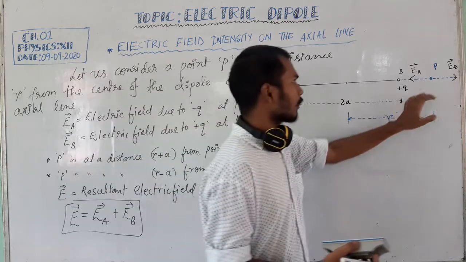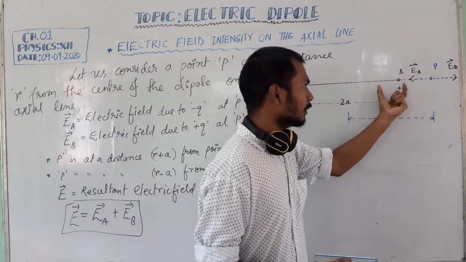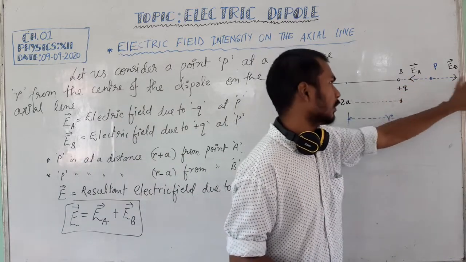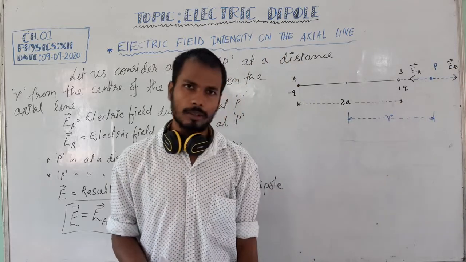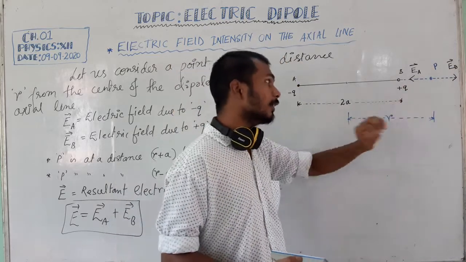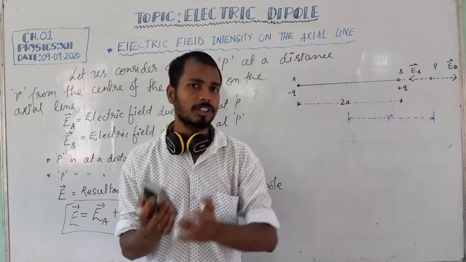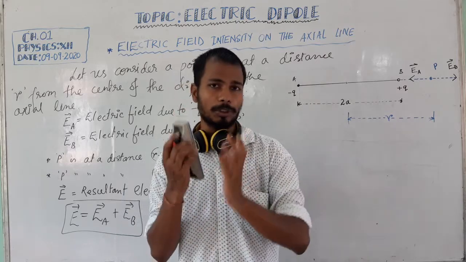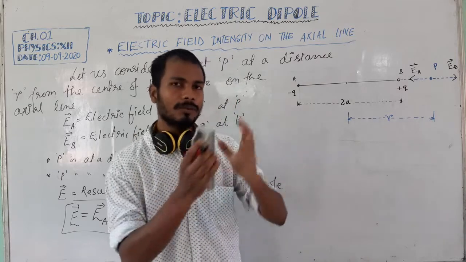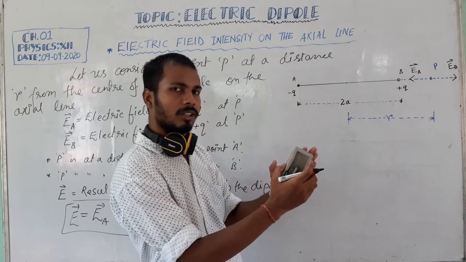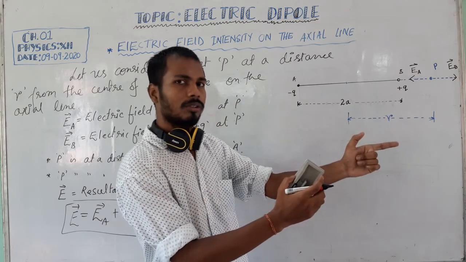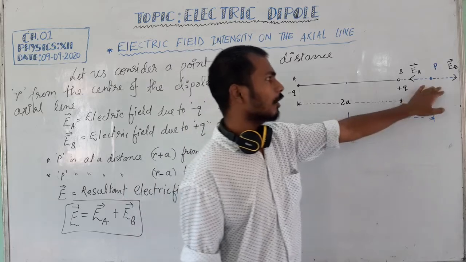This EA is in this direction and EB is in that direction. Both are opposite to each other. It means that when two vectors are opposite to each other, then we have to subtract the magnitude of the smaller vector from the magnitude of the larger vector.